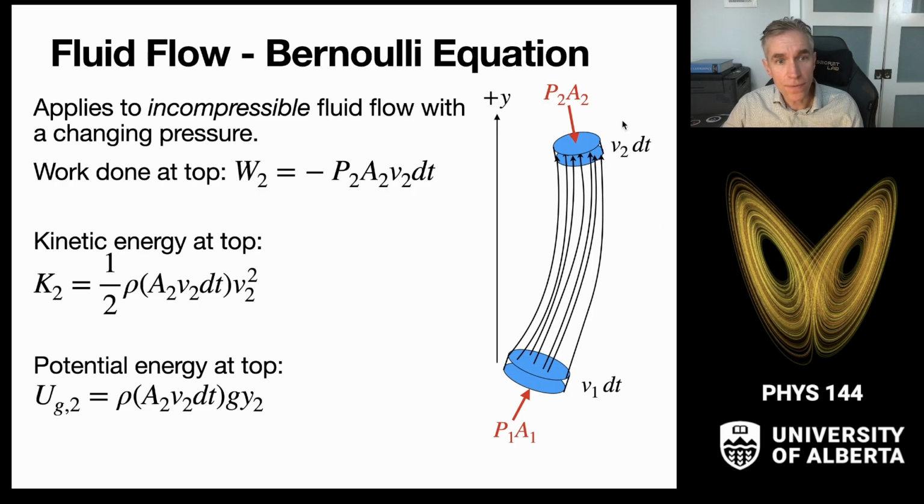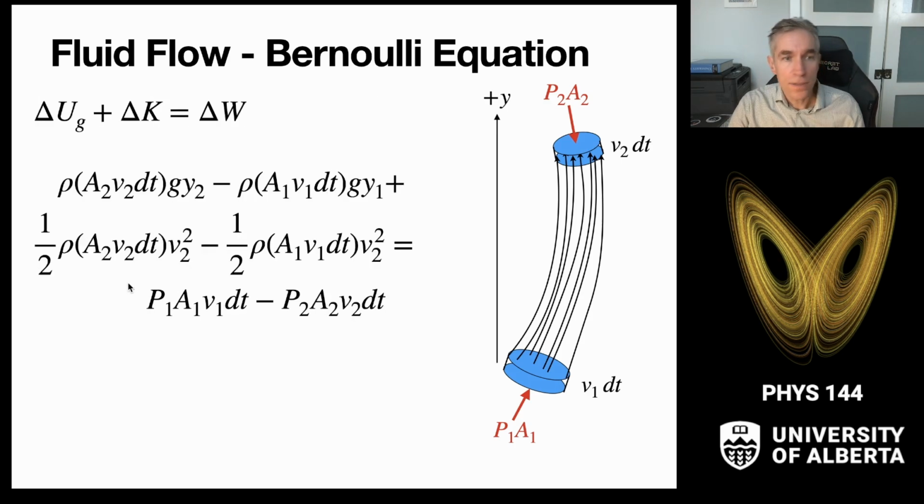The kinetic energy follows similarly, 1/2 mv squared, and the potential energy is mgh, where again, m we've written as the density times the volume, which is A v times dt. Notice we've left the densities the same, and that comes from the incompressible nature of the fluid flow.